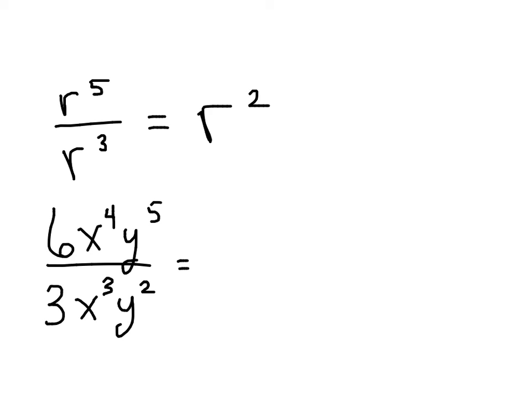What does 6 over 3 reduce to? 6 divided by 3 is 2. Good. Now I want you to focus on the x's. I have x to the fourth on the top. I have x to the third on the bottom. Since I have one on top and one on the bottom, I'm going to subtract it. What's 4 minus 3? 1. Now, I just put x.